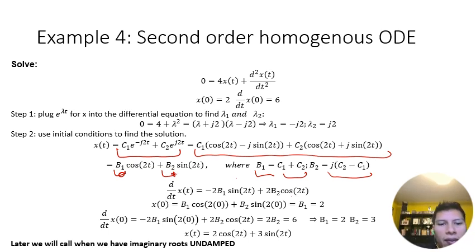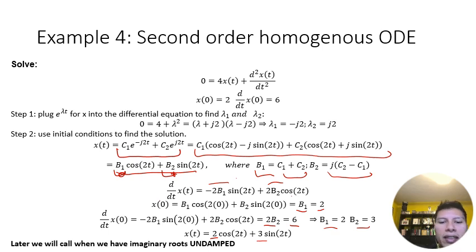When we take the derivative of this expression, we're going to get negative 2 sine and positive 2 cosine. And then when we plug in 0, we get b1 equals 2. And here we get 2b2 equals 6, so that gives us b1 equals 2 and b2 equals 3. And then finally, we just get our final solution by plugging in the coefficients.